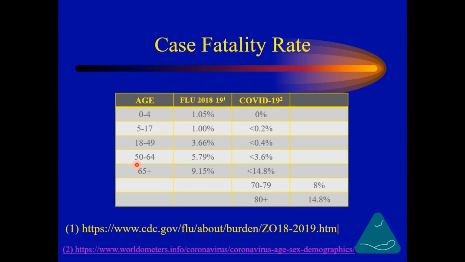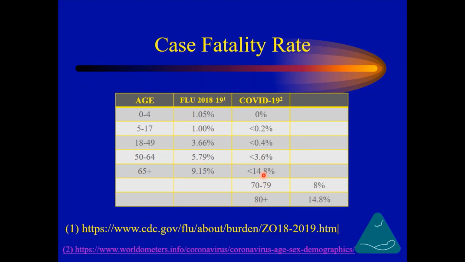For the age group 50 to 64, a fatality rate with the flu of about 5.8% and less than 3.6% for COVID-19. For the 65 and up group, the group that we worry the most about, the case fatality rate for the flu last year was around 9%, and it's less than 14.8%.